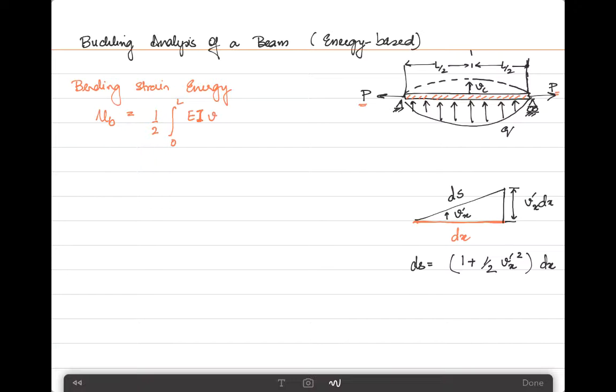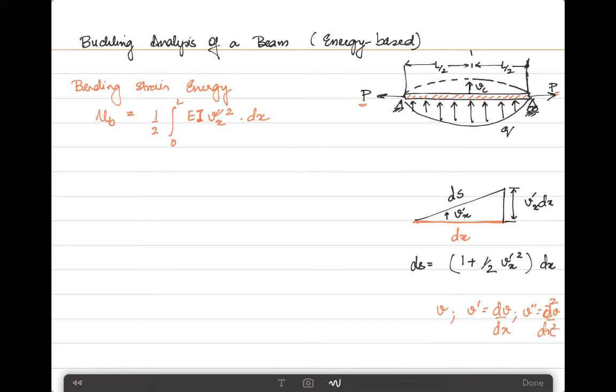The curvature is the second derivative of v with respect to x, times dx. So that is the definition of the strain energy in bending. As a side note, v dashed is equal to dv/dx, and v double dashed is equal to d²v/dx².